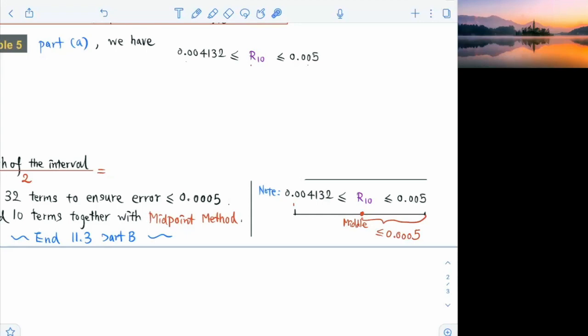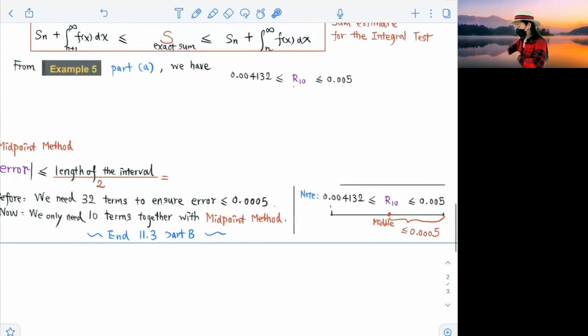Then you use the middle, so we divide it by 2, and this part here is going to be less than 0.0005. Try it on a calculator: take this, subtract this, and then divide by 2, and you see that the number is less than 0.0005.